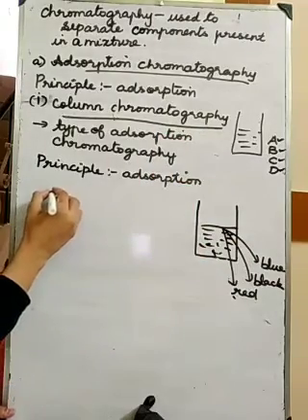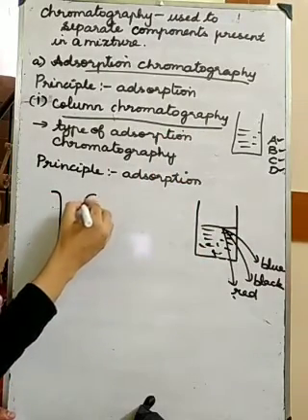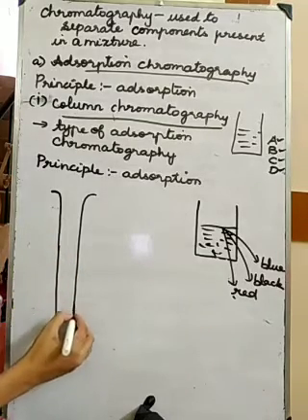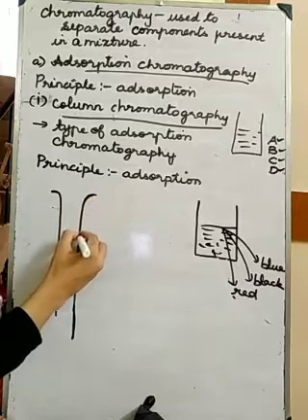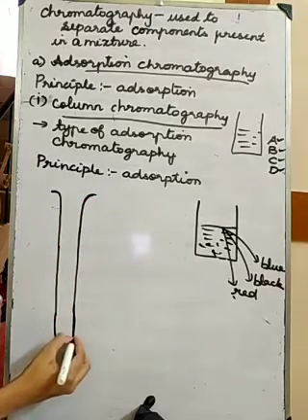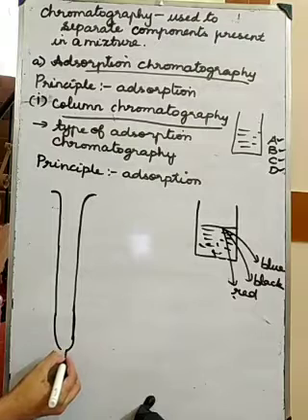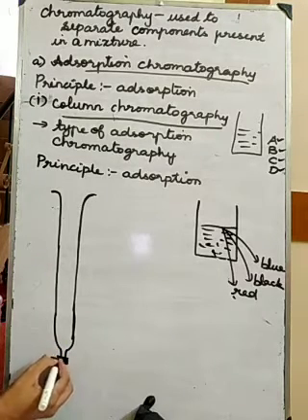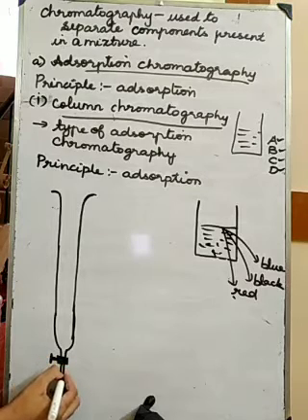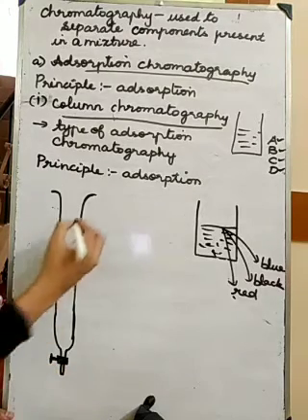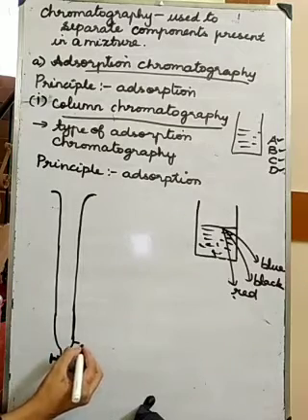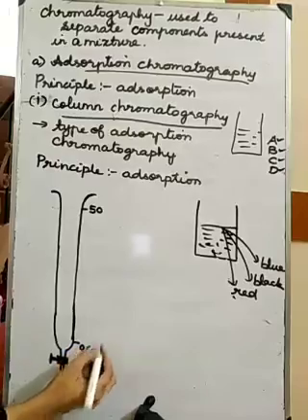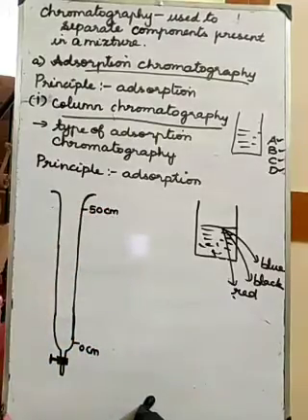Okay, now what I am going to do is I am going to take a burette. What is the burette? Have you seen a burette? So burette will be like this. Okay, the burette will be having readings from 0 to 50, 0 centimeter to 50 centimeter.